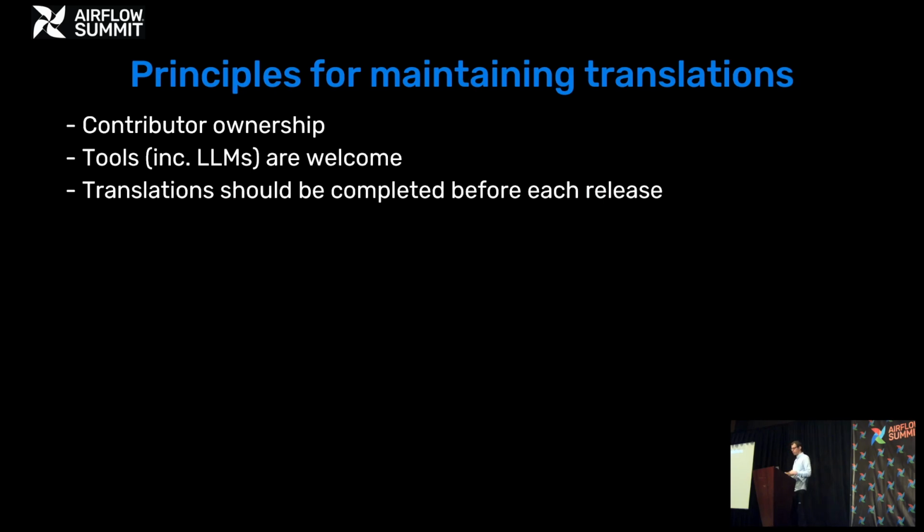Now, we do expect the translation will cover, as I said, at least 90% of the English terms before the release. But then you may ask, okay, that English translation could change on a daily basis. So how do we avoid constantly chasing the English translation?